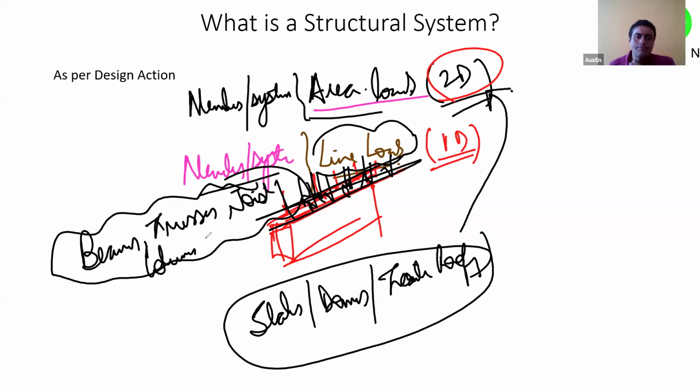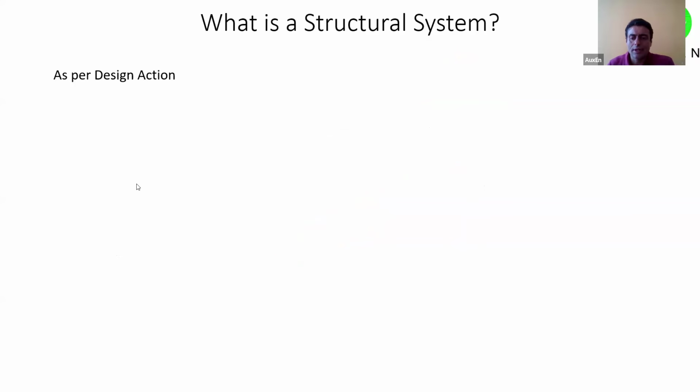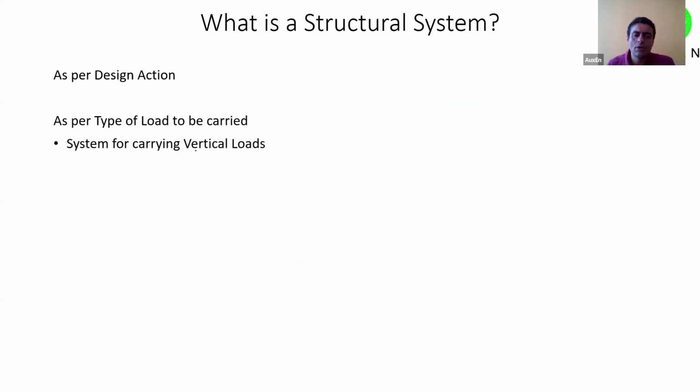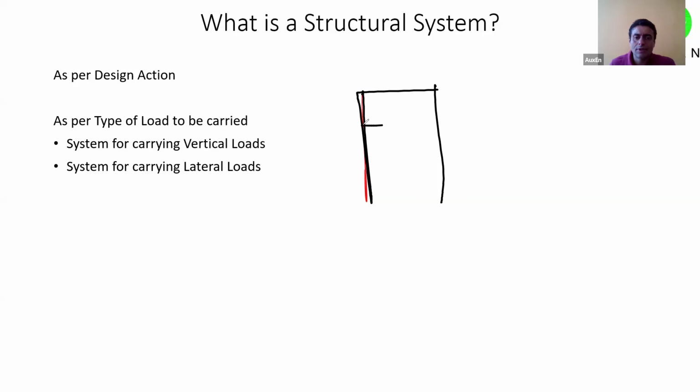So I can come up with a classification like this as well. I can come up with another classification which is on the basis of the loads that they have to carry. What are the major loads that we are talking about over here? There is a system which takes care of the vertical loads.